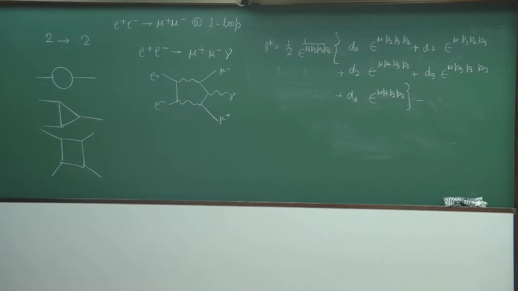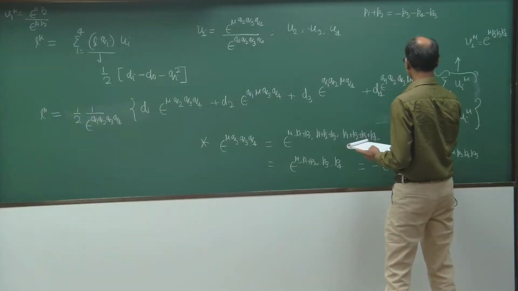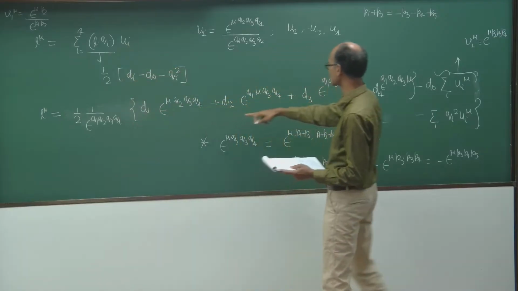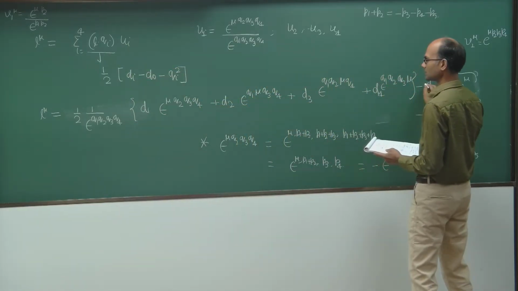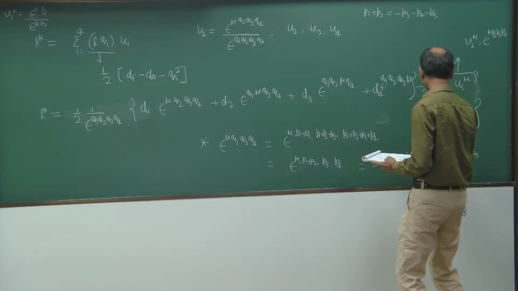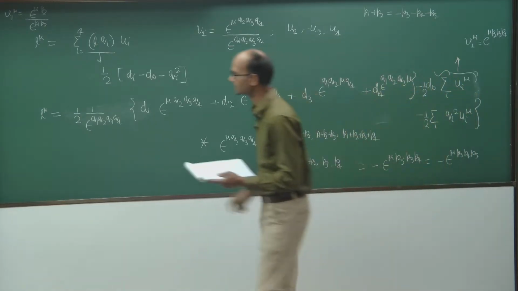Sorry, I think I should correct a few things here. I forgot this epsilon here. This I have taken out as a definition of ui, so this goes only up to this. This is minus half because it is still ui I have, and this is also minus half. Please correct this and check also.